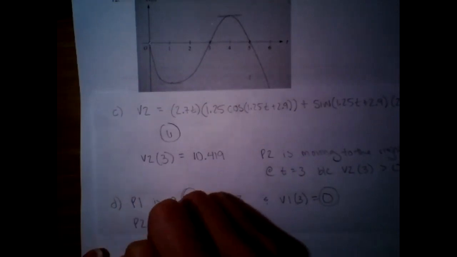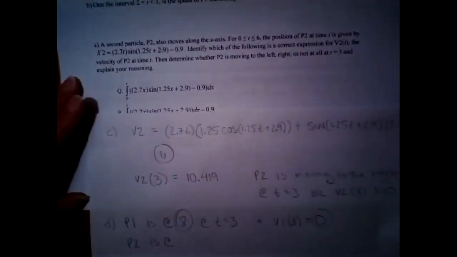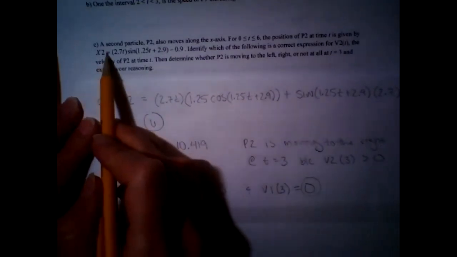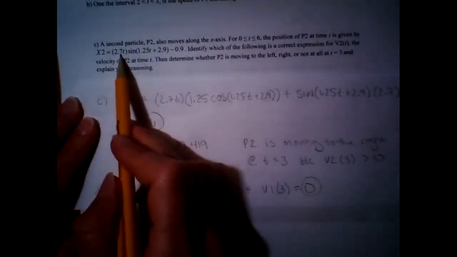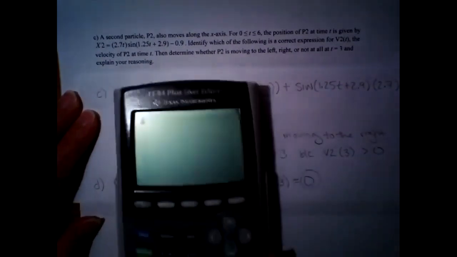All right, P2 is at, and let's find out where P2 is. Let's find that position. Sorry, I'm moving this around so much. I have to go around and find all these equations. All right, here's the position for particle 2. We're going to plug 3 into that, so we're going to find out where this particle is at time 3.